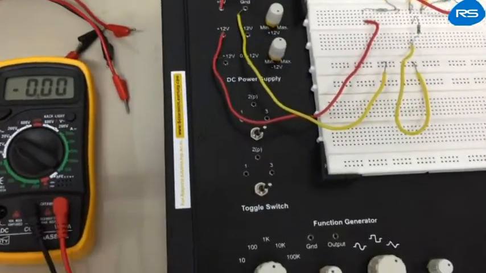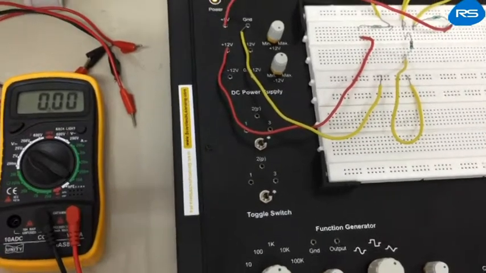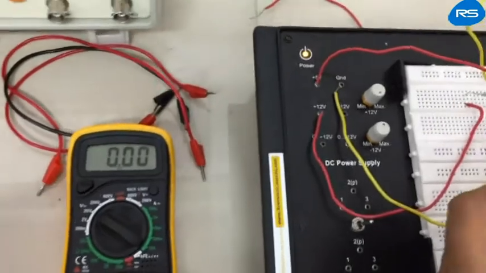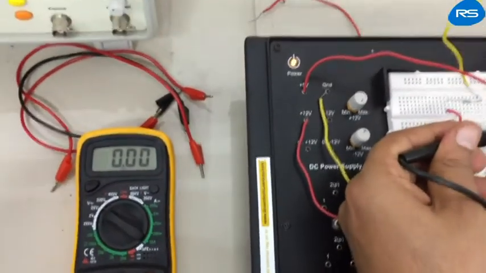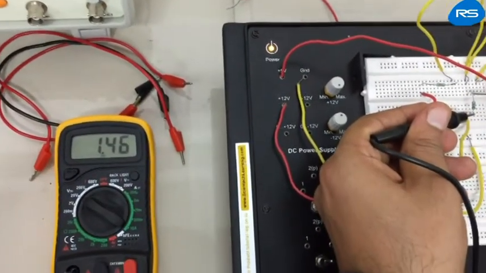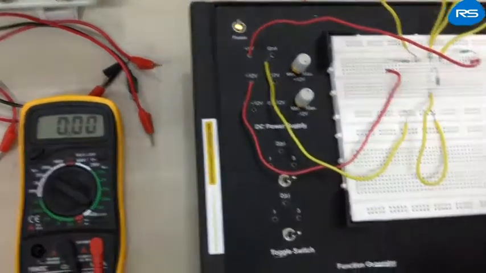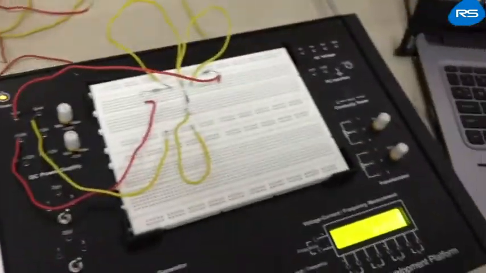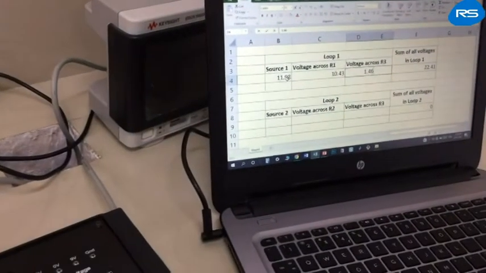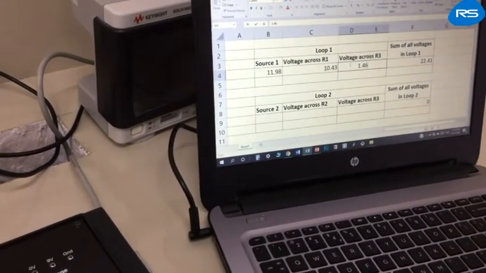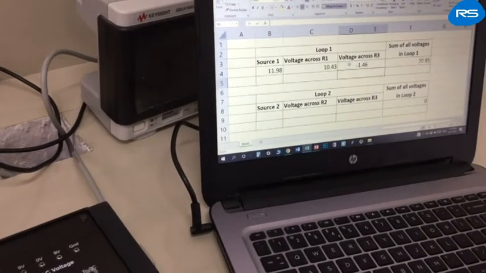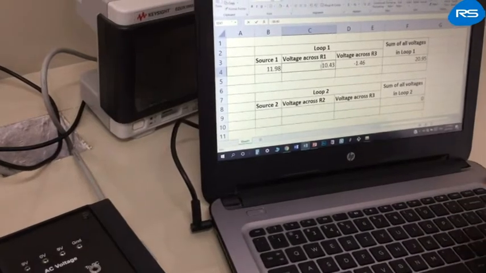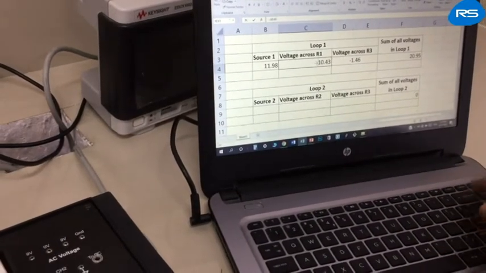We'll record this, 10.43 volts, and the voltage across R3 is 1.46. But these two voltages are negative because the voltage is dropping at these positions.